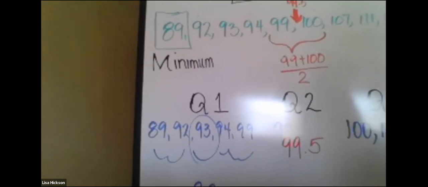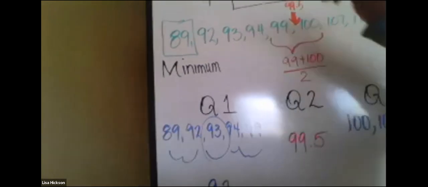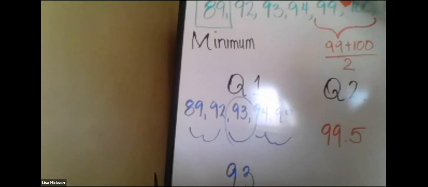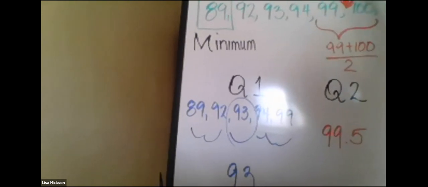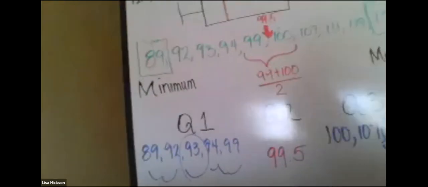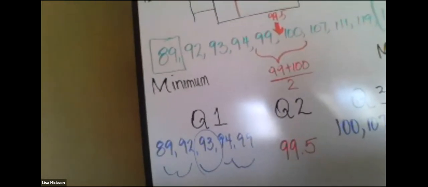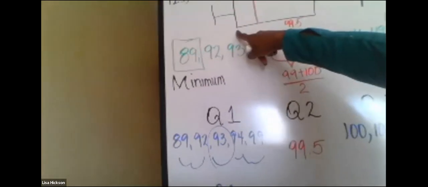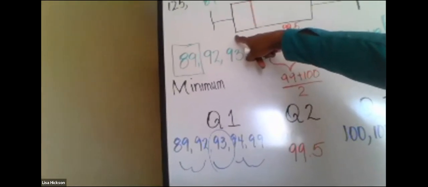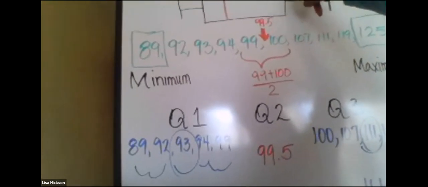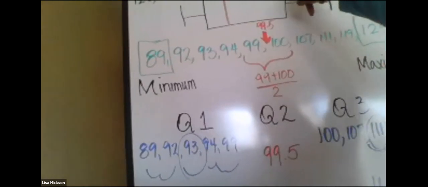That makes more sense when I talk money, right? $99.5 is 6.5 away from the lower quartile, but it is 10.5 away from 111.